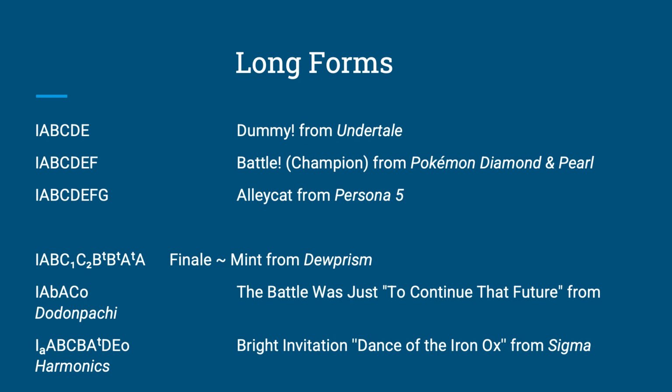This is sort of an arch structure, a mirror image of each other. You can think of it as a palindrome. There's I, A, B, A, C, outro, and I, A, B, C, B, A transpose, D, E, O. The composers are getting creative with their forms, and they're doing it very effectively.